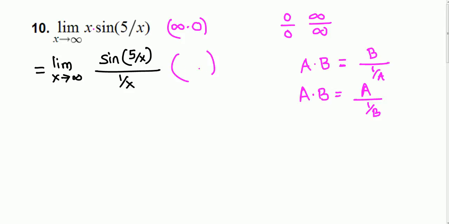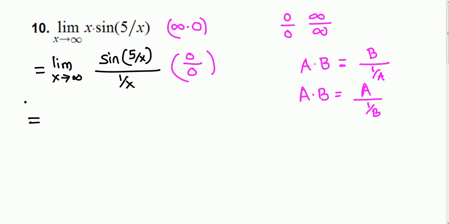Sine 5 over very big infinity, 5 over infinity, is 0, and sine 0 is 0 on the top. On the bottom, 1 over infinity, 1 over very big, is very small, 0. So we get 0 over 0, which is an indeterminate form, but this is nicer than the previous one, because now we can use L'Hopital's rule.